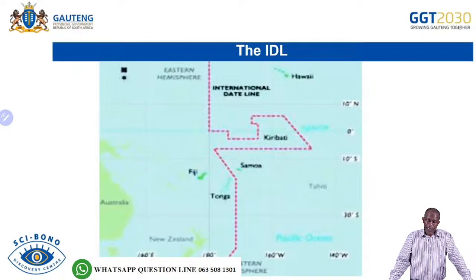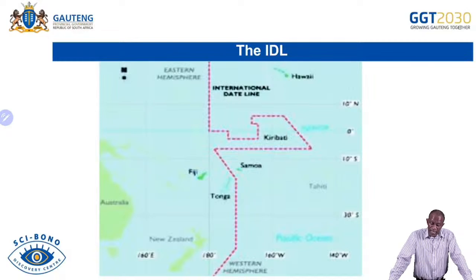This slide is another representation of the IDL, and it shows you how the IDL runs. If you look at how it moves, it wouldn't go straight across Samoa and Tonga.